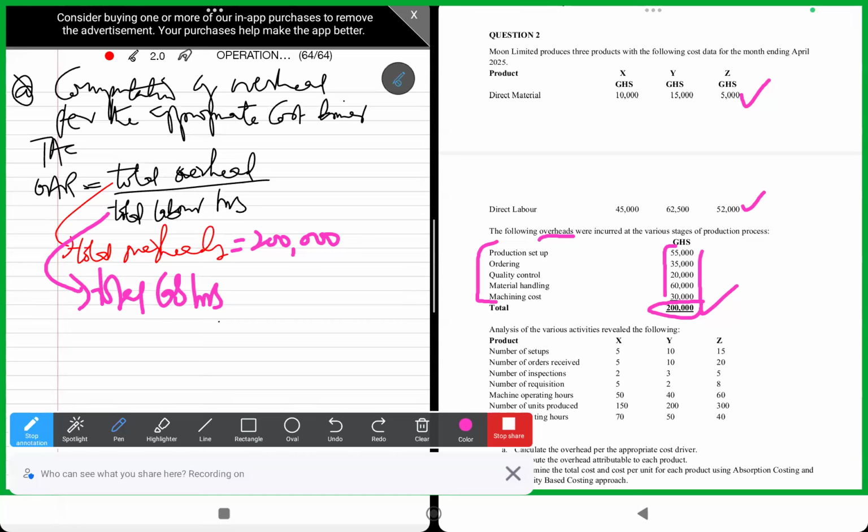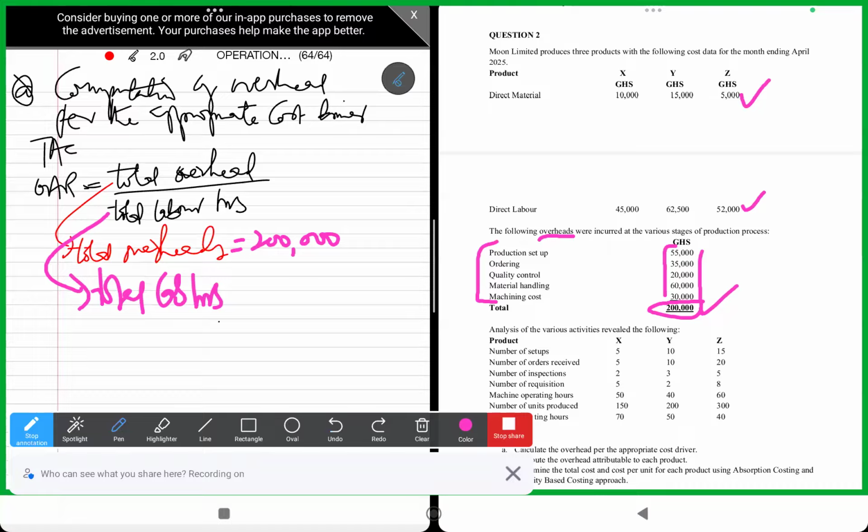If the figures are in millions, and there are 3 zeros, round figures, just use the digits which do not involve the zeros at the end. That's all. So here I'll add 55, because they all have 3 zeros at the end, I'll hang them there. 35 plus 20 plus 60 plus 30. What do we have? 200. Is it 200?